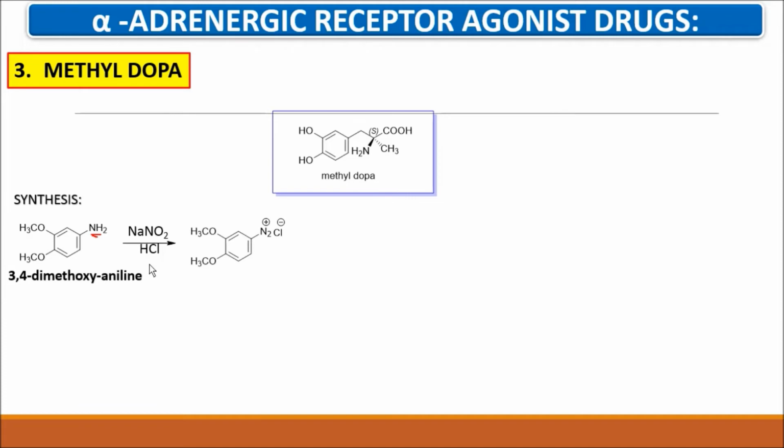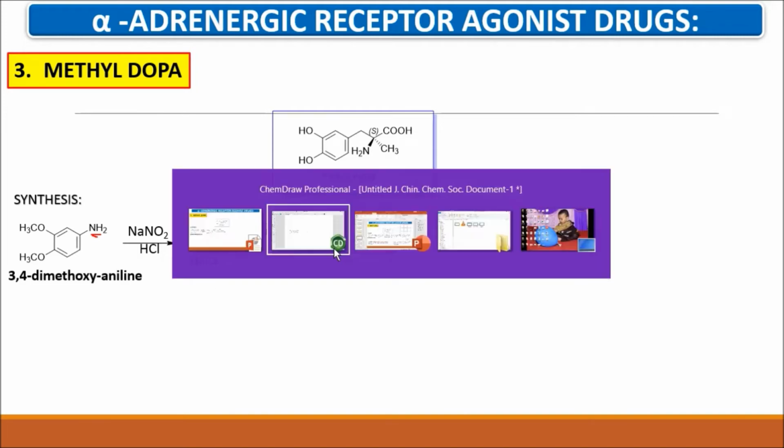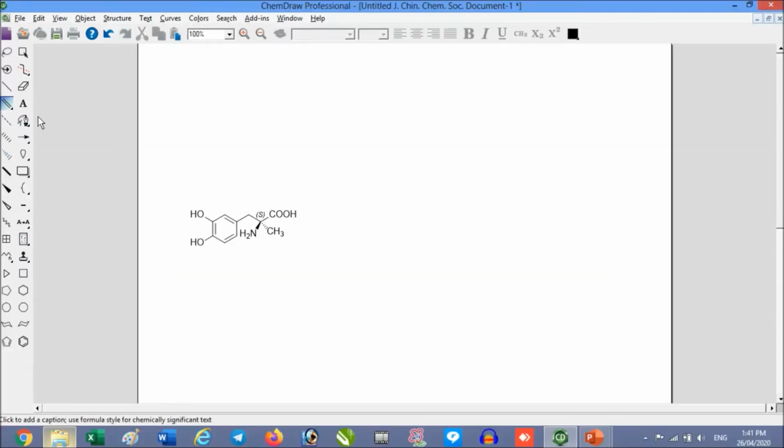Now this diazonium chloride reacts with methyl acrylate. So friends, you see here, what is methyl acrylate? Here the double bond CH2=CH, and here we have a C double bond O and OH. This is called acrylic acid.